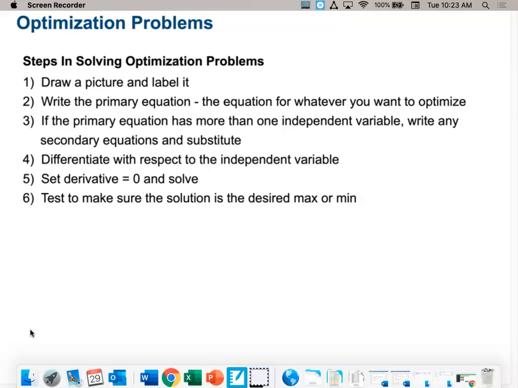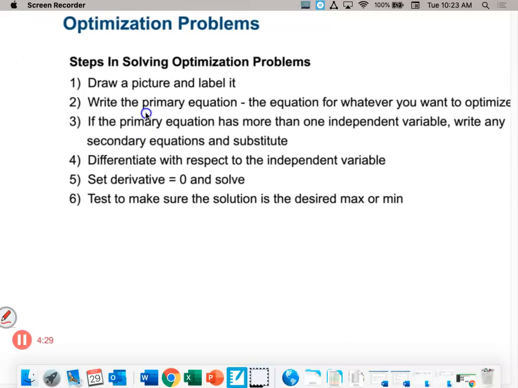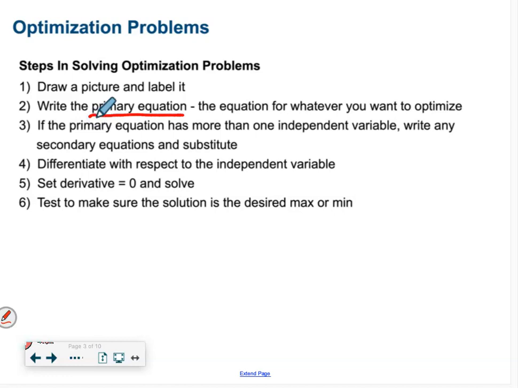It's really important you understand, this is from years of experience. When you do an optimization question, you want to read the whole question, and after you've drawn your picture, you always want to start with the primary equation first. So this is where students mess up. They don't write the primary equation first.